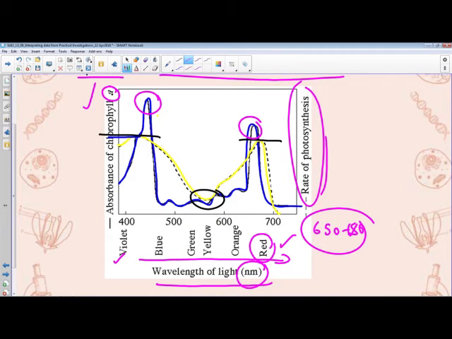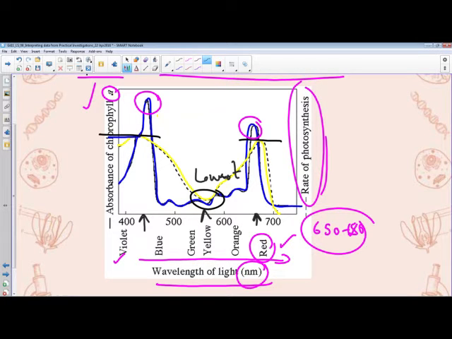And here you're seeing a close relationship between the absorption of chlorophyll A and the rate of photosynthesis at this specific wavelength of light. So we're seeing that at two specific ranges, the rate of photosynthesis is relatively higher compared to this point where it is the lowest.